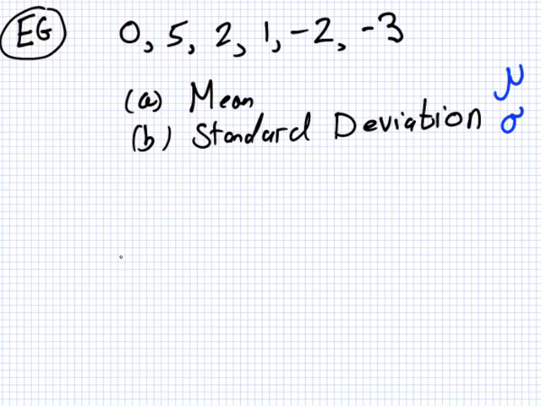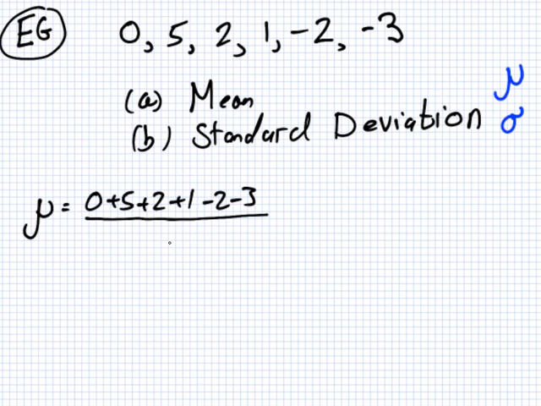Right. First, the mean: 0 plus 5 plus 2 plus 1 minus 2 minus 3, all over 6. So that's 6 minus 3, which is 3, over 6, which is 0.5 or a half.